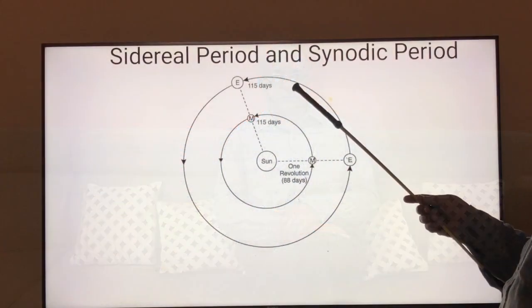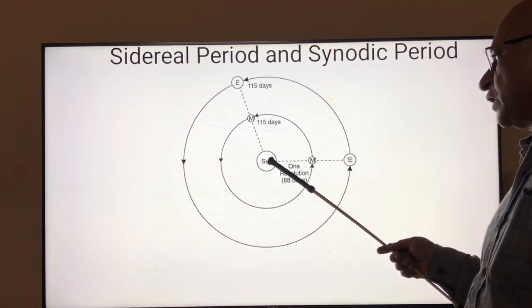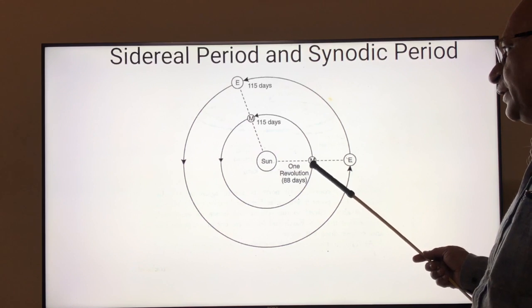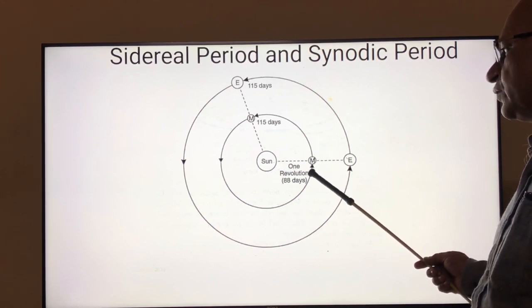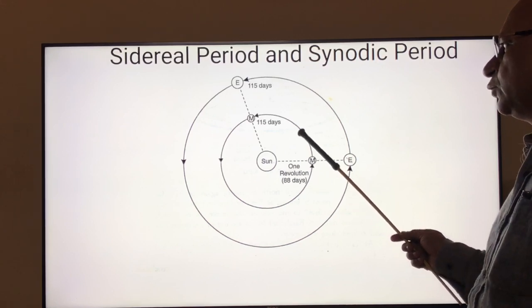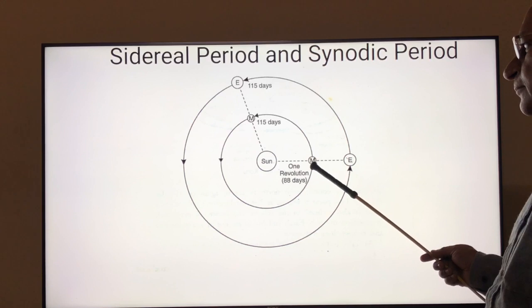Look at this picture, which is indicating the sidereal and synodic times. Now we say the sidereal and synodic times. Suppose this is the sun and this is a planet, Mercury. Mercury takes 88 days to complete one revolution around the sun.